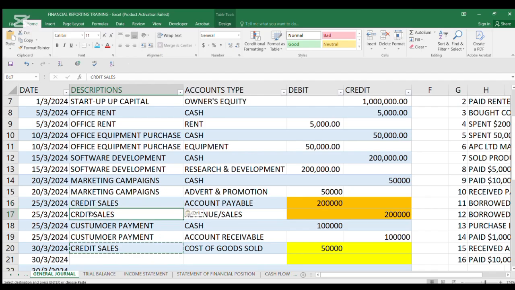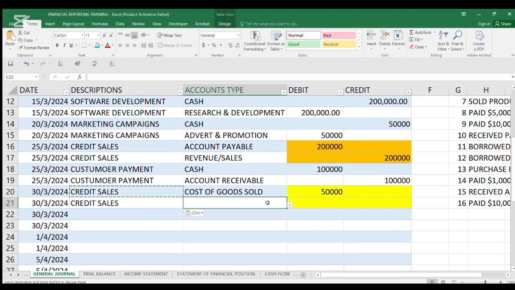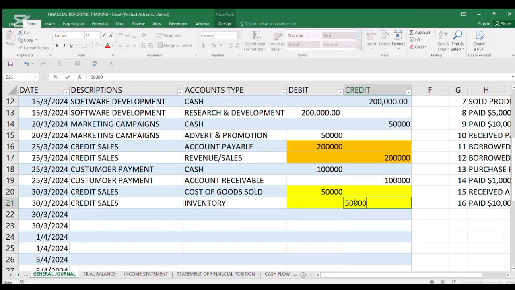Then here we now credit inventory account. The remaining one goes to the inventory account because you still have the other leg of 50,000 receivable that has not been paid. So the remaining 50,000 will be credited to inventory until the payment is fully settled.